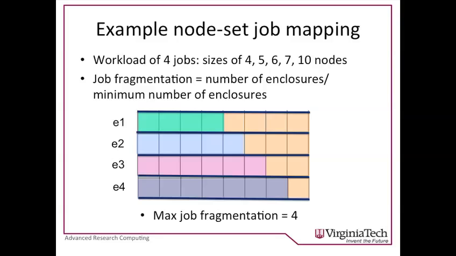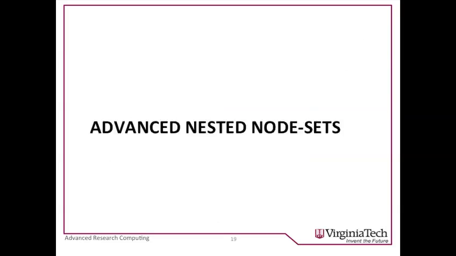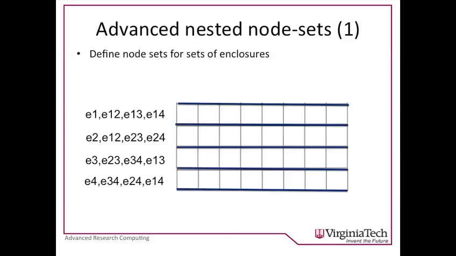So basically here the maximum job fragmentation that we reach with this policy is 4, while the optimum was 2. So we are not doing optimally. So let's improve this with advanced nested node sets.